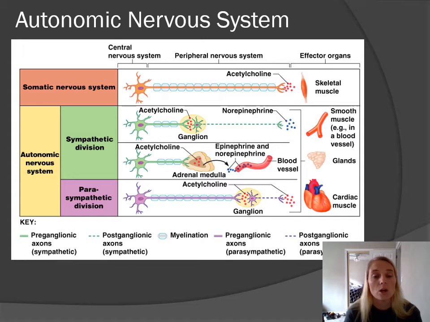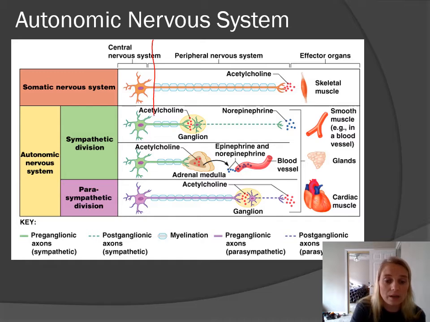Okay. So before we can jump into the autonomic division, let's review our somatic nervous system. So remember, somatic is our conscious control using skeletal muscles. What they've done here is laid out the neuron pathways to get to our effectors. Remember, effectors are the things that allow us to do stuff.